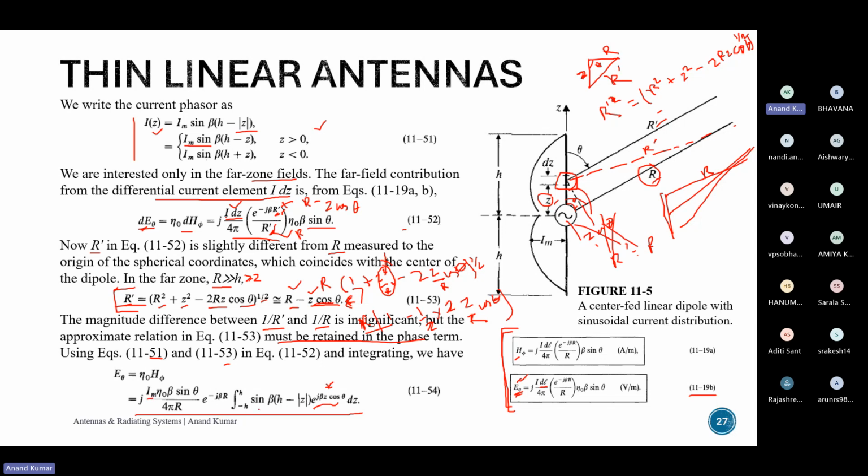Im is constant, sine beta h minus z is inside the integral, and we have replaced r dash with r minus z cos theta. So e power minus j beta r minus z cos theta can be written as e power minus j beta r and e power j beta z cos theta, with j beta multiplied to both terms.